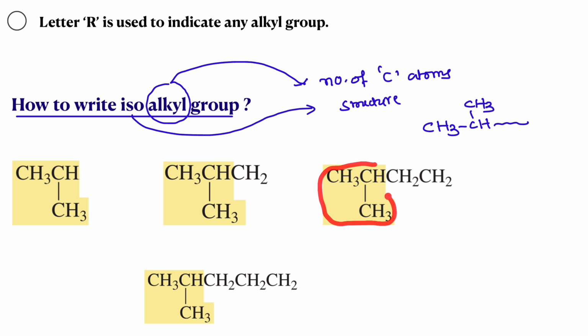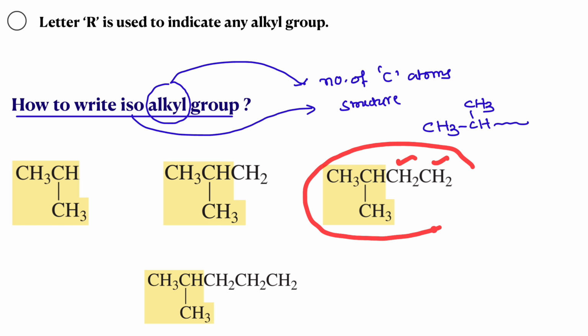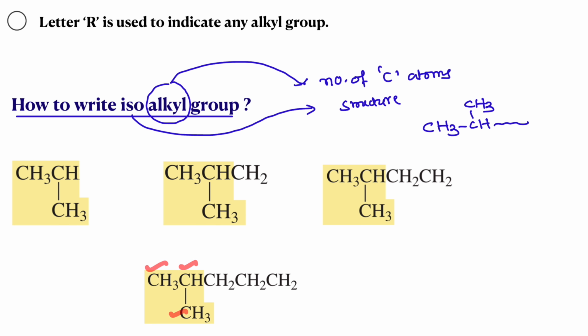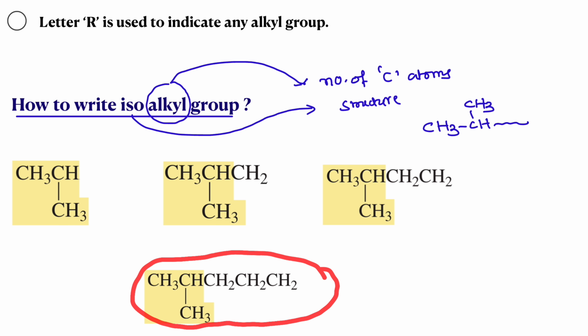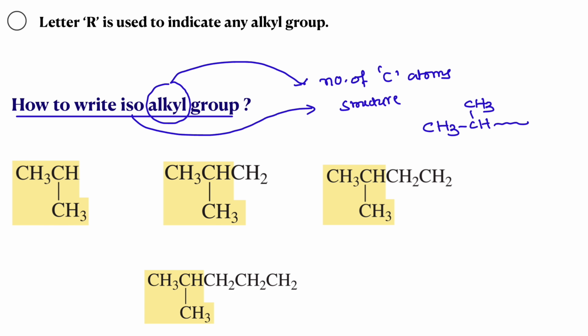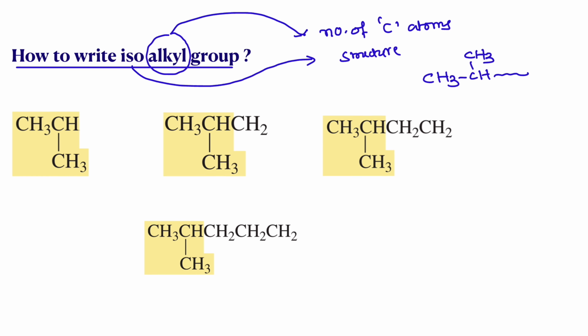With 5 carbon atoms, it is isopentyl. With 6 carbon atoms, it is isohexyl. Isoethyl you cannot write, because iso means there must be a minimum of 3 carbon atoms.